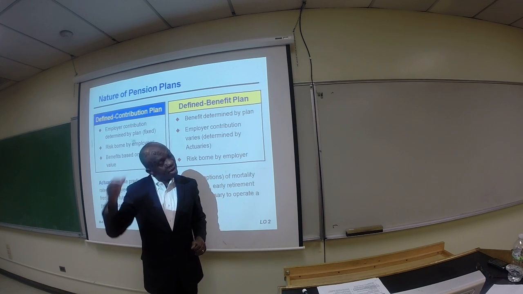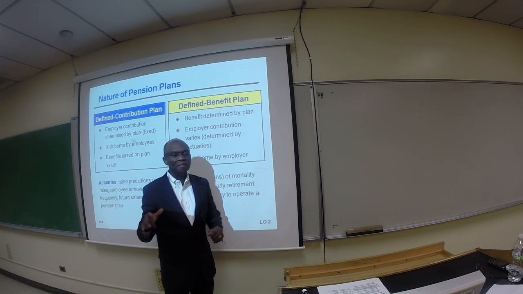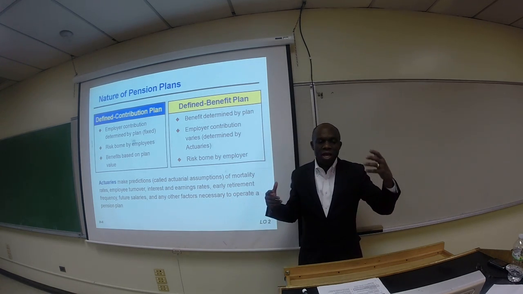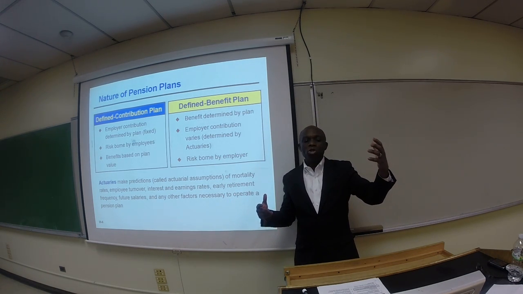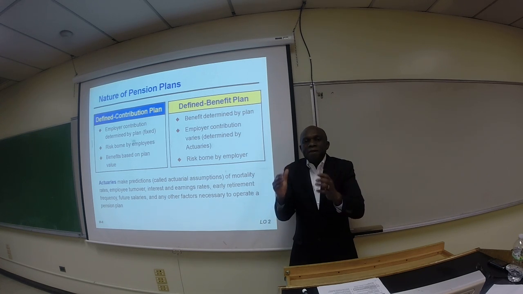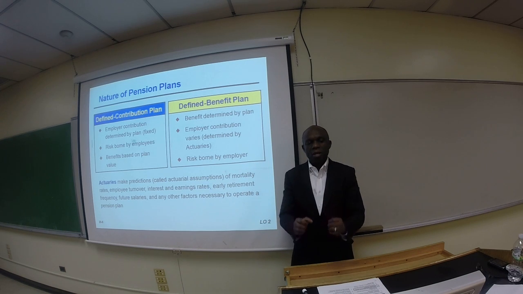We have the defined contribution plan and we have the defined benefit plan. Listen to this very carefully. The defined contribution plan simply means the plan defines specifically what the employer is going to contribute into the plan.